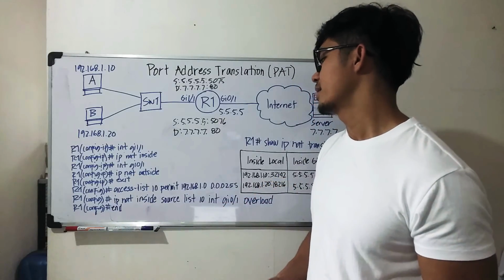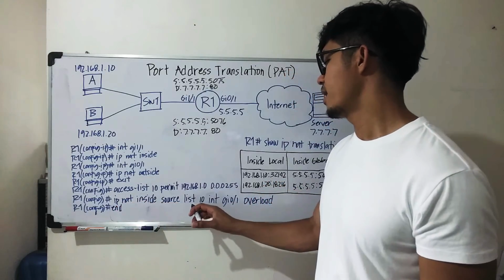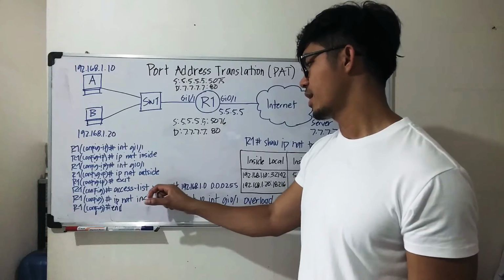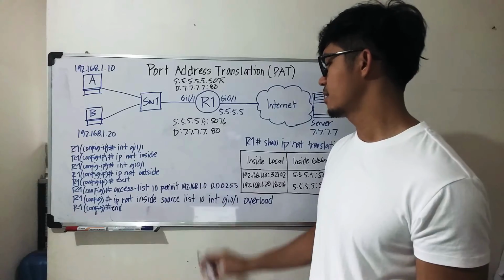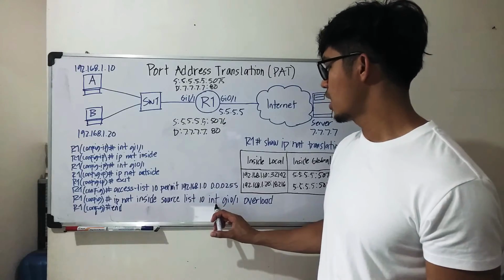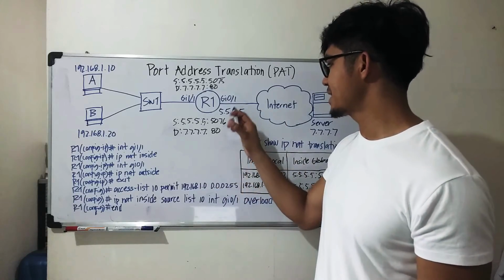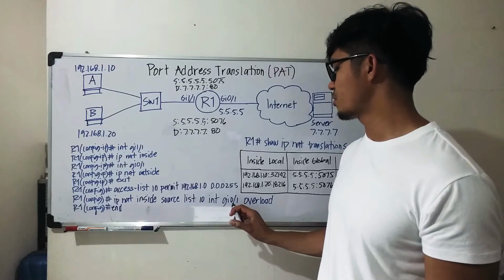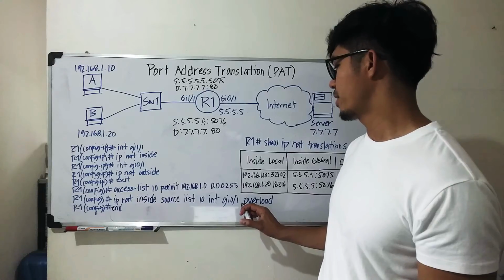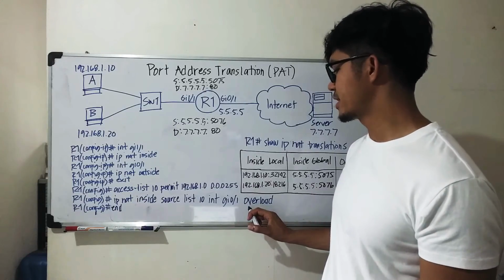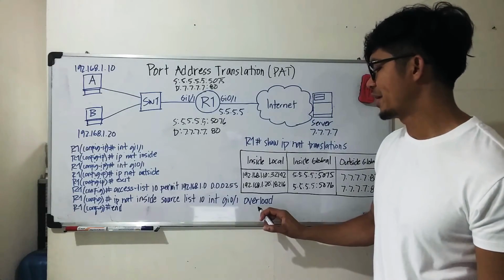And this is how things tie together. So ip nat inside source list. Of course, the source is this access list that we specified. So that access list is 10, and we are using the public IP of that interface gigabit 0/1, and this is the command that you don't forget: overload.